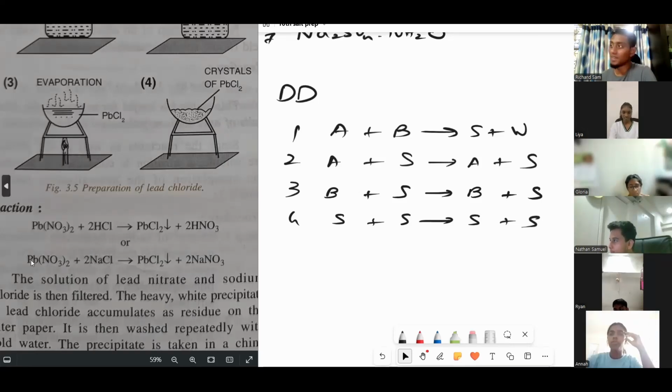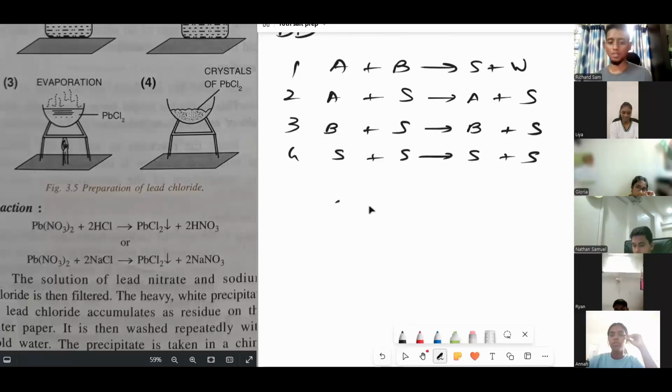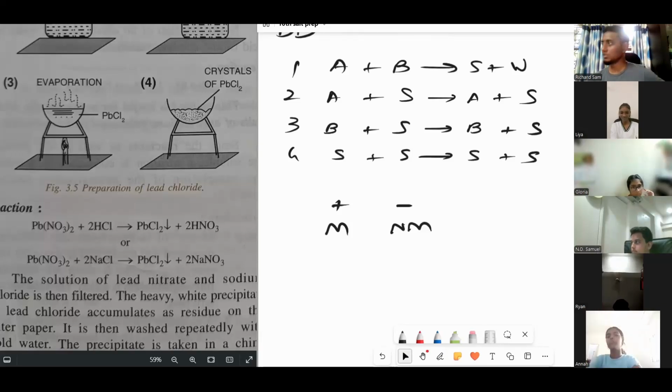If on the metal side you have hydrogen, then what is that? When I say metal and non-metal, it means positive and negative. In the positive, if you have metal, and in the negative, if you have non-metal, then it's a salt. If on the positive you have hydrogen, and on the negative you have non-metal, then what is that? Acid. This is maybe the fifth time we're doing this, right?